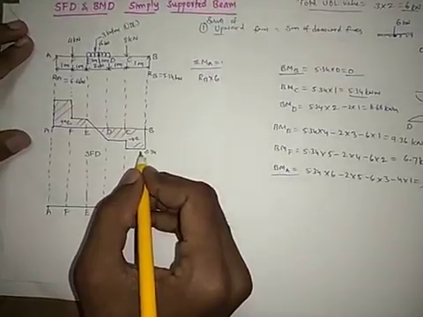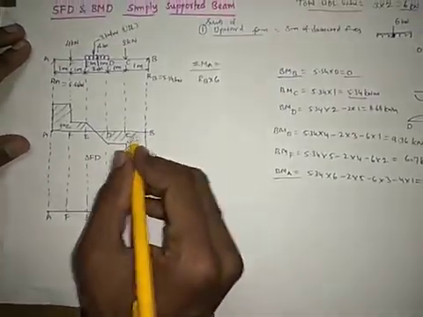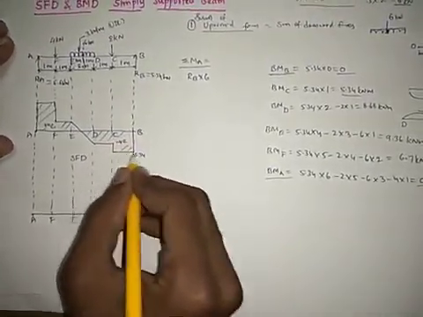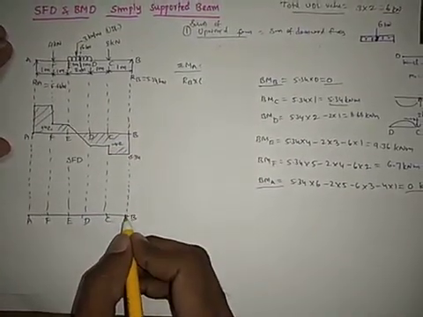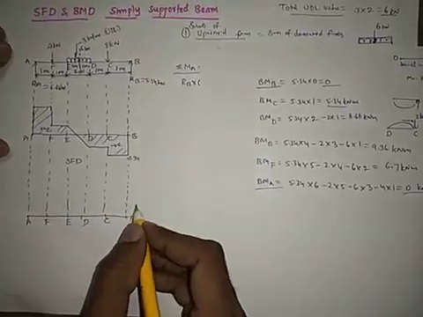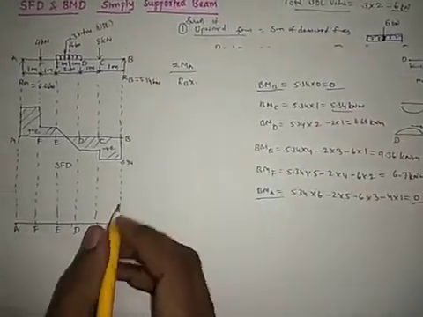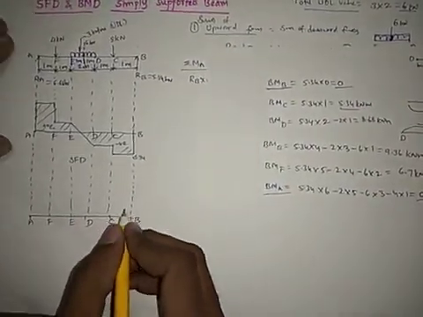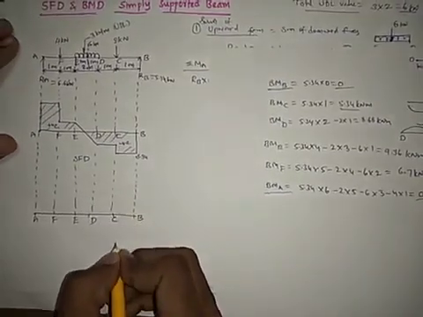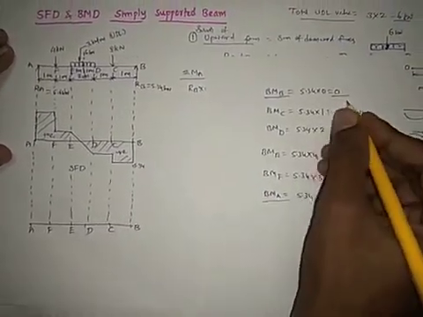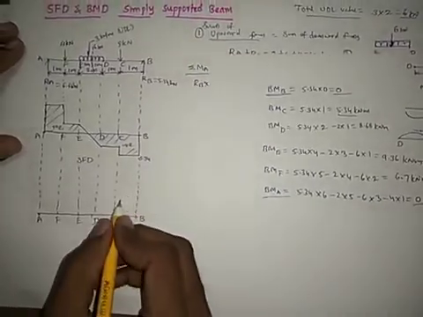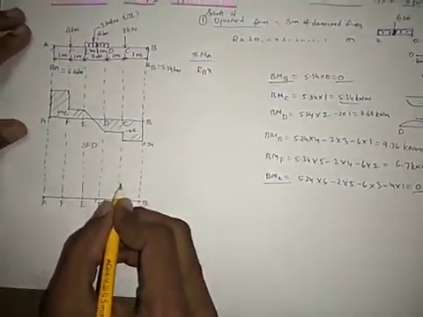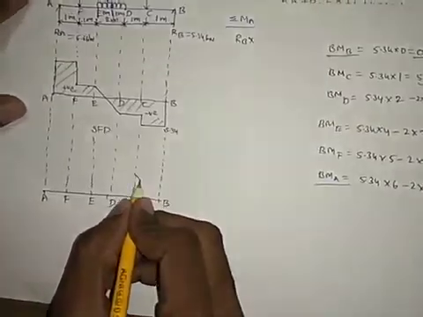If the shear force diagram between 2 points is a horizontal line, between those same 2 points the bending moment diagram will be an inclined line. Here this is positive, so you have to draw upside, because we have assumed upside is positive, downside is negative. So it is from 0 to 5.34, and let us approximately take 5.34 like this, and an inclined line.